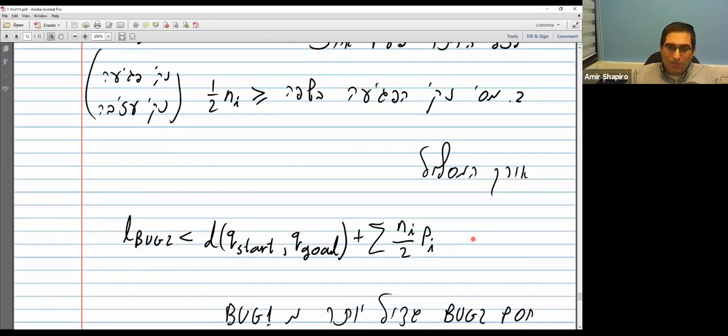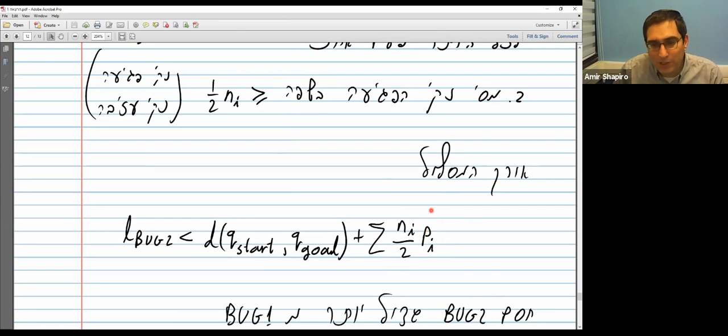And the length of the path is at most the distance from start to goal, plus half the number of hitting points between M and the obstacles, times the circumference of each obstacle.